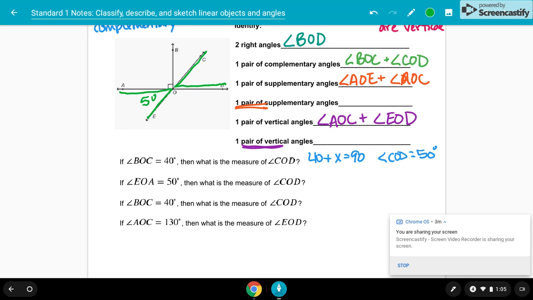Those are vertical angles. And as you know, vertical angles are congruent. So if EOA is 50, then COD also has to be 50 degrees. Now I want you guys to answer this and this on your own and check your answers with me. And we'll see how you're doing.